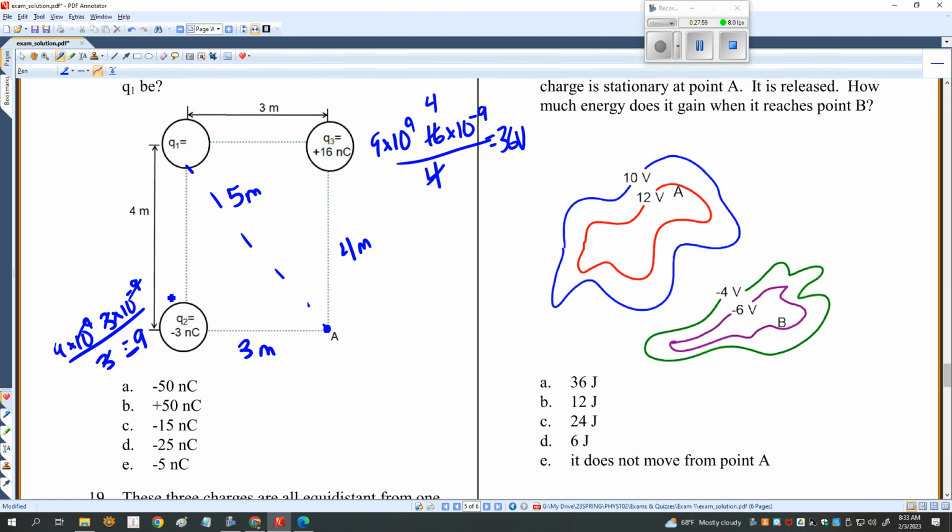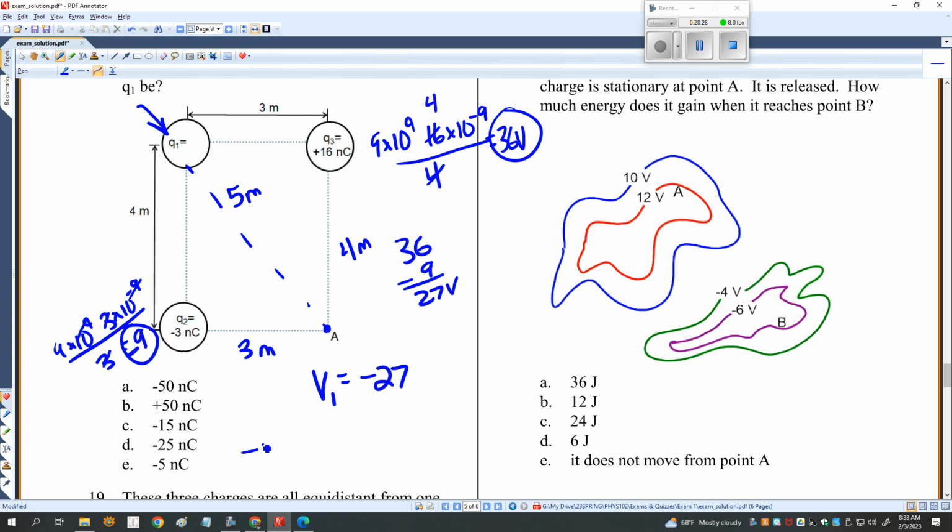That means that I need the potential due to charge 1 to equal negative 27 volts, because 36 minus 9 is equal to 27 volts. That's the combined volts of these two. And so I need this charge to negate those, to be the opposite of those.